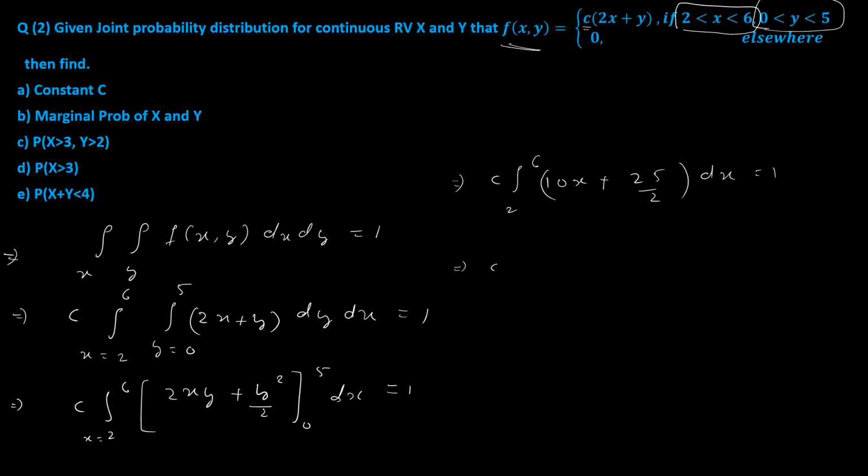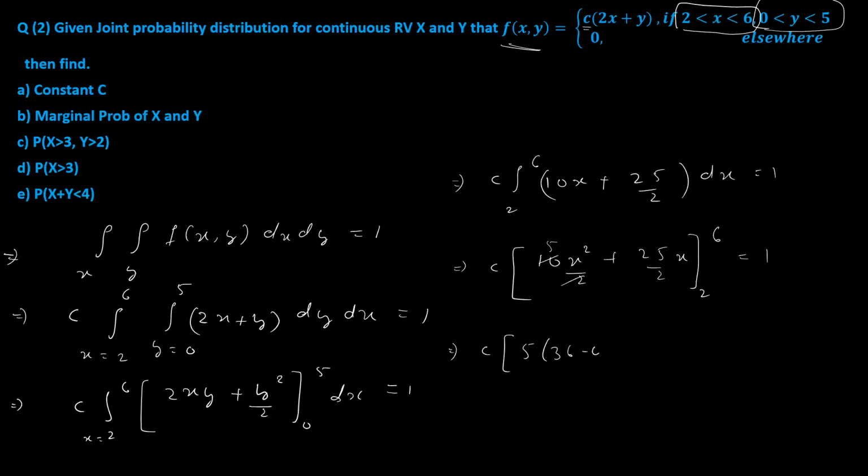Now when you integrate with respect to x, you will get 10x square by 2 plus 25 by 2 into x, and the limit is 2 to 6, and that should be equal to 1. So just plug in the values. This will become, 2 and 10 cancel out, 5 times 6 square minus 4.